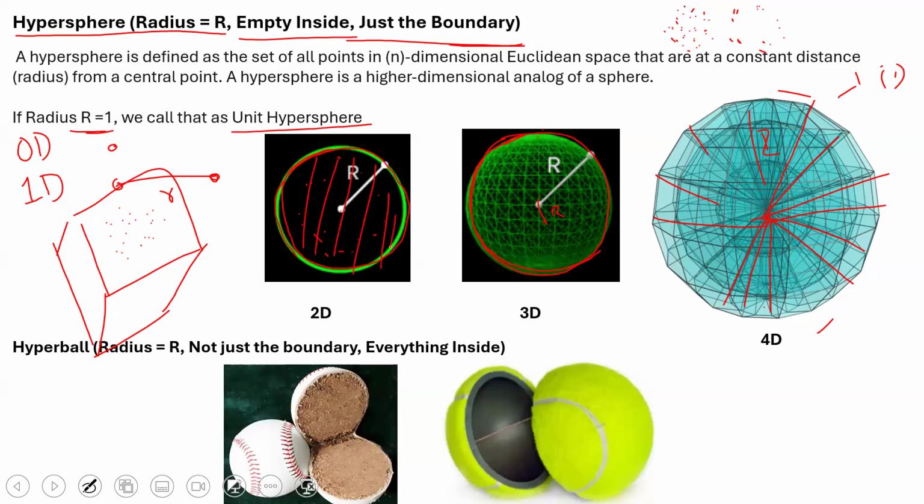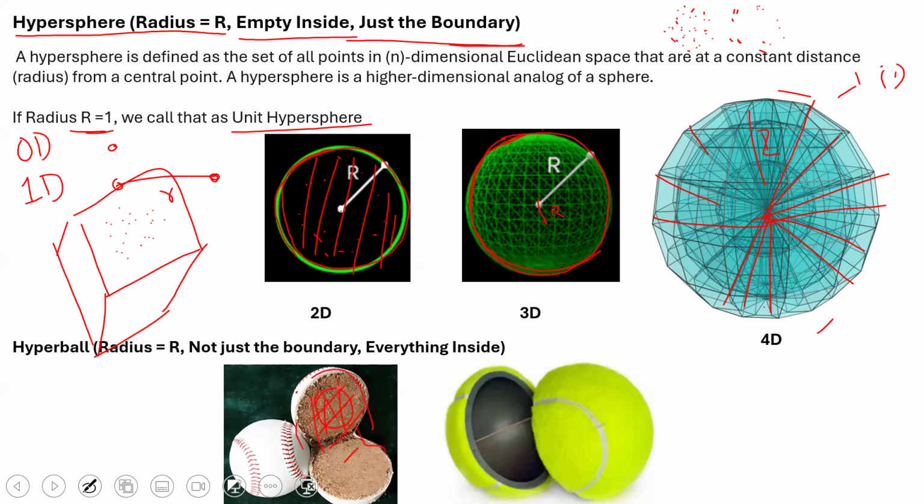So the best example is, look at this. A cork ball will have that inner material also combined, right? It is filled. So the inner filled material along with the outside will form a complete ball, right? That is what a hyperball actually is.